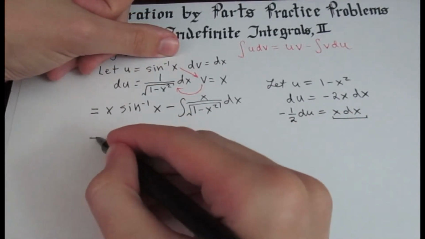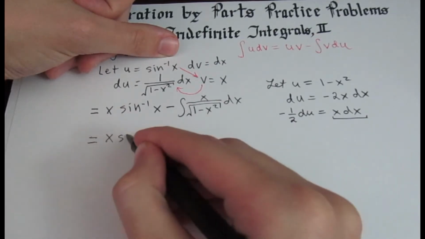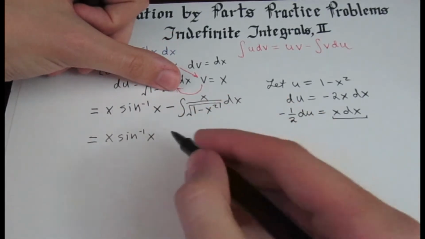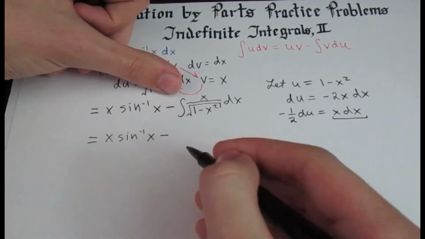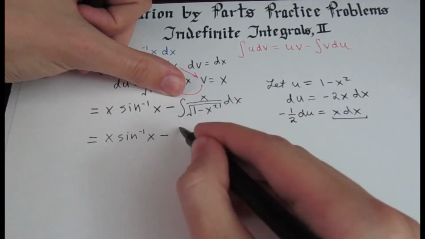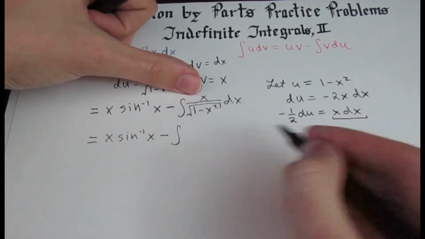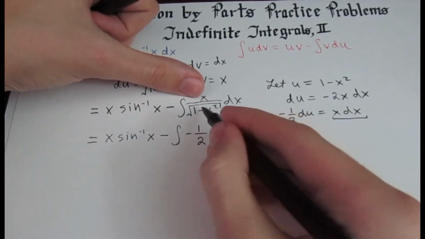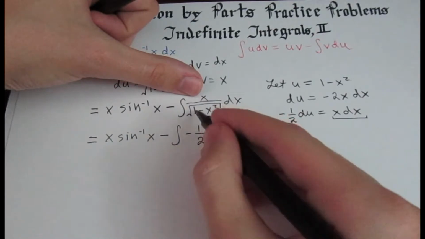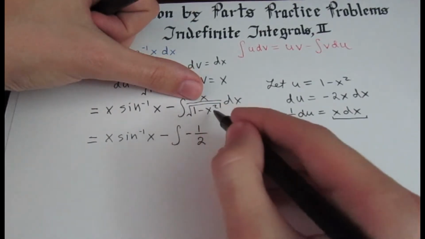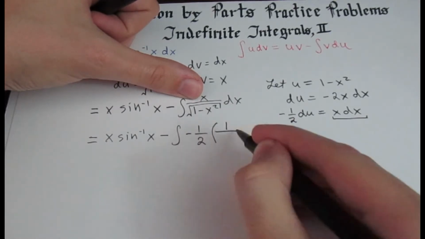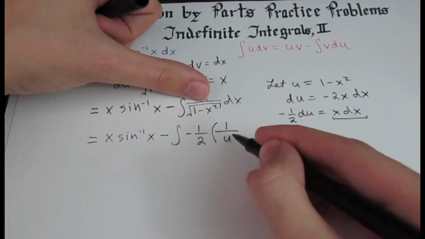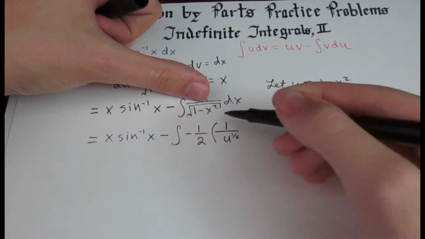So far, that's x sine inverse of x, just copying that down, and that's going to be subtracted by, I won't skip steps, x dx turns into negative 1/2 du, and that 1 minus x squared becomes u, so it's going to be 1 over radical u. I'm going to write radical u as u to the 1/2, but it's the same exact thing.